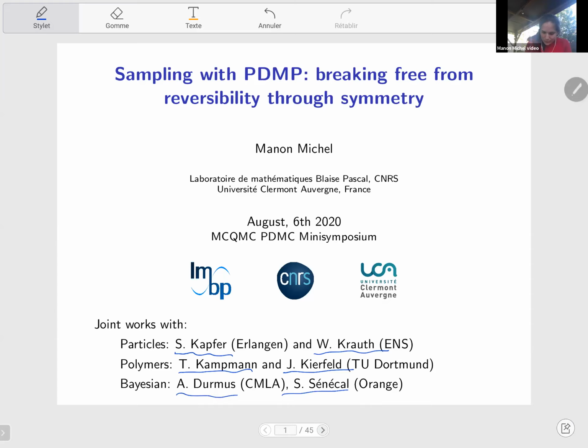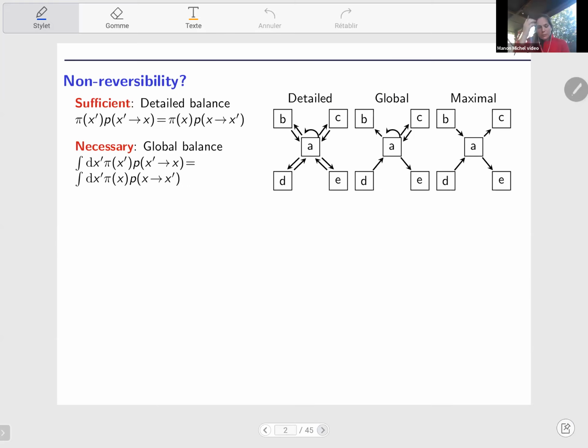Okay, so I will first start with non-reversibility. So why are people aiming to do that in Markov chains? In order to have correct sampling, the sufficient thing to do is to have detailed balance. So if you want to sample from these five states and you're in state A, you need to have between any pair of states a perfect balance of your probability flows.